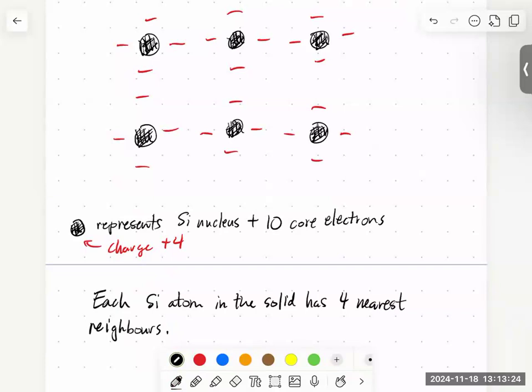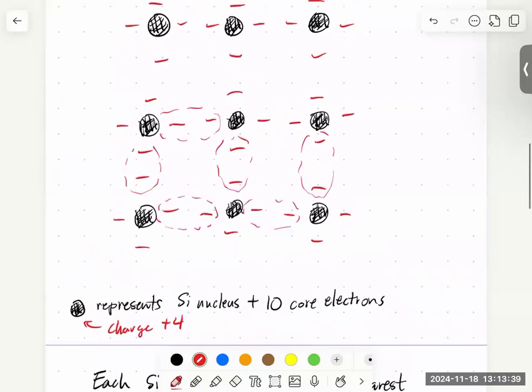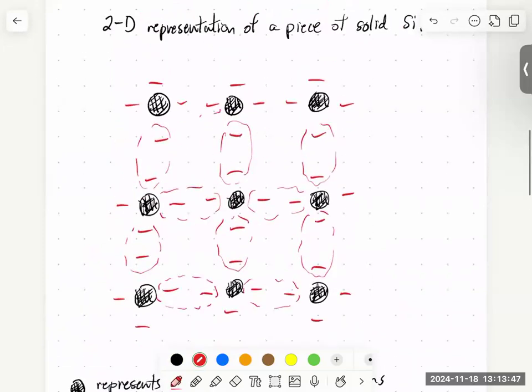And that's called a covalent bond. And so we're going to share these electrons with our neighbors, and thereby, in some sense, we effectively fill this valence shell. So these are all the covalent bonds. And if I drew more silicon atoms, these electrons on the edges would be shared with other atoms that we haven't drawn.